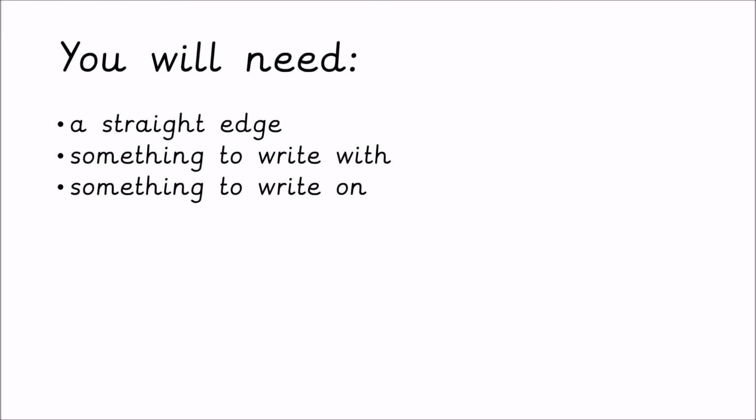You could use the lid of a box if you have a box lying around, or the cardboard wrapper that your toothpaste tube comes in, anything like that. Boxes are excellent. Just hold the box down and you can use a pencil or writing implement alongside that to make a straight line. So I'm going to give you a few moments to find those items. So pause this video and you may resume it when you have gathered everything that you need.